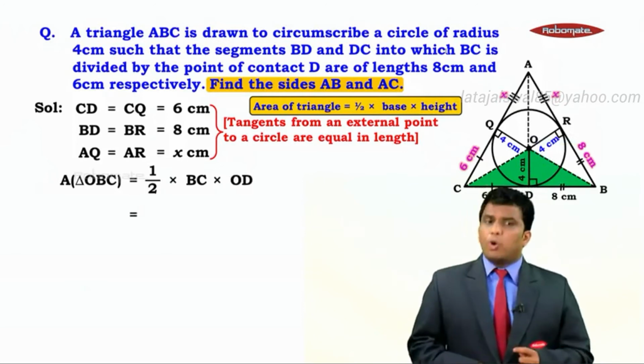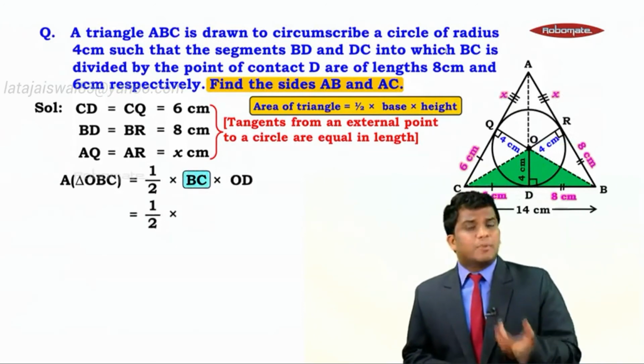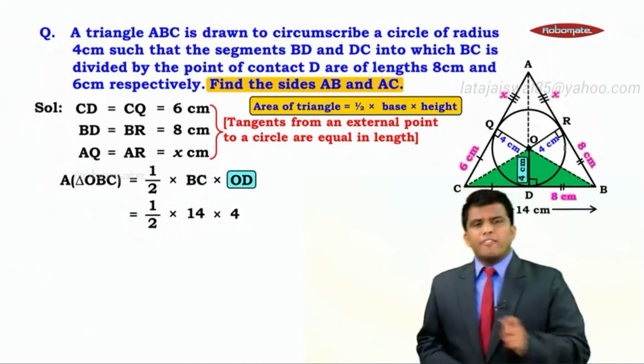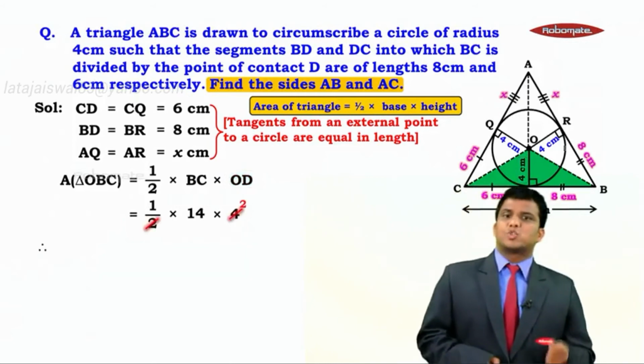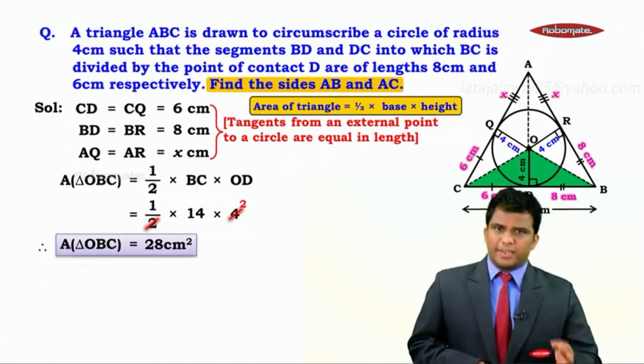So area of triangle OBC will be half into 6 plus 8, which is 14, into OD, that's 4. When we reduce 2 and 4, we have 14 twos are 28 centimeters square. So area of triangle OBC is 28 centimeters square.